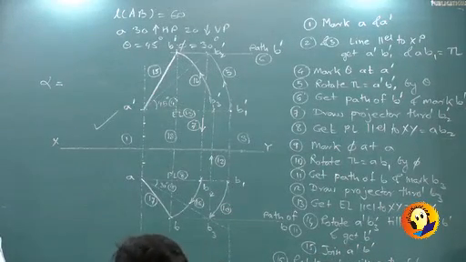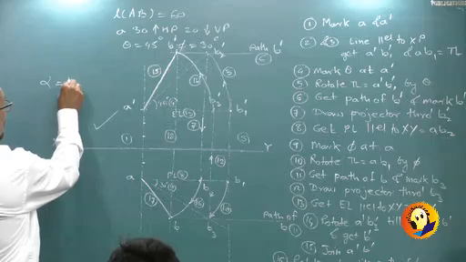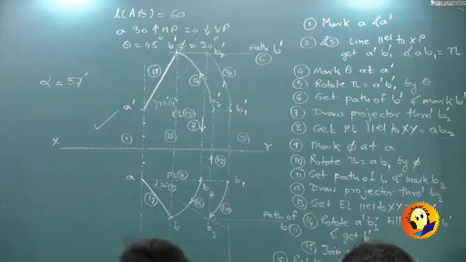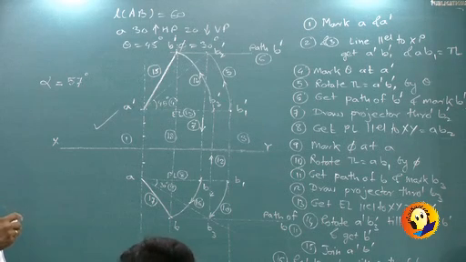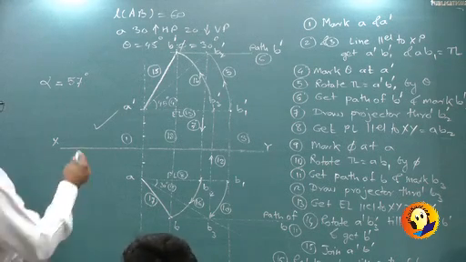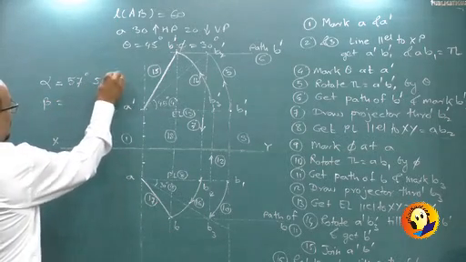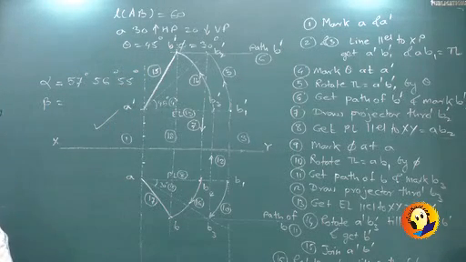Measure it if you have completed the problem. 57 degrees. Any other answer? 56 degrees. 55 degrees. And what is beta? Now corresponding beta values.